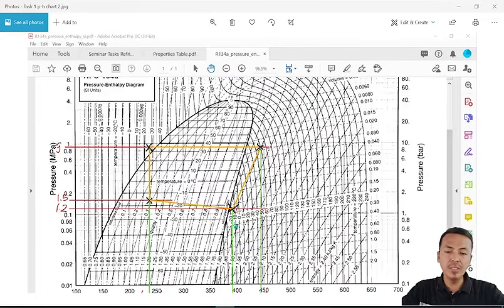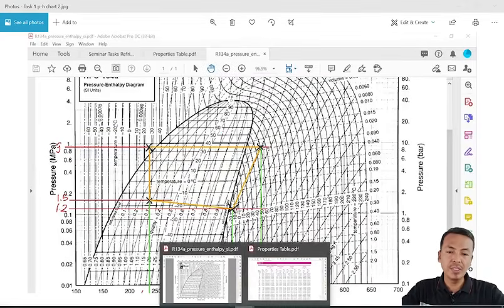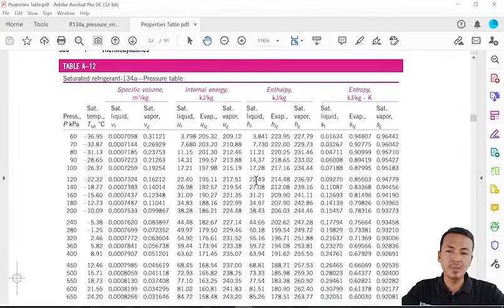Or maybe you can use a table like this one. You can also get the enthalpy values for every condition. You can use the pressure-based table and also the temperature-based table. So you can see here the saturated liquid enthalpy, the evaporation or mixture condition, and also the saturated vapor condition.